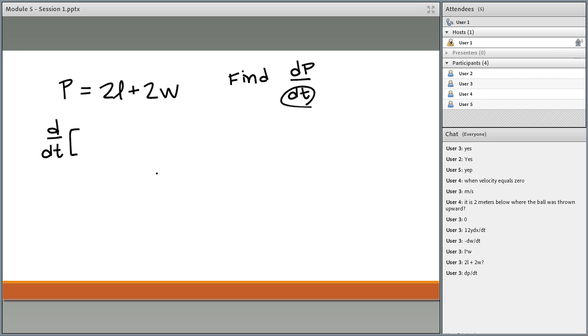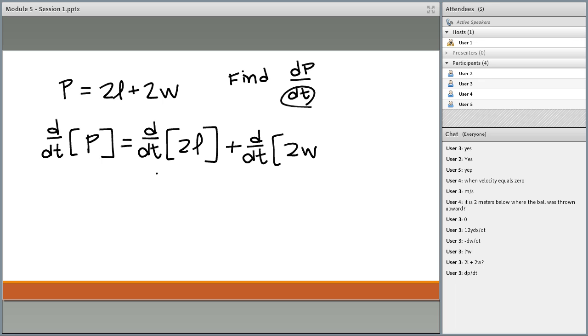And that's what the dt in the denominator represents. It tells us what variable we're taking the derivative with respect to. It's kind of like when we had dy/dx, that's saying take the derivative of y with respect to x. So in this case, we're taking d/dt of each term.